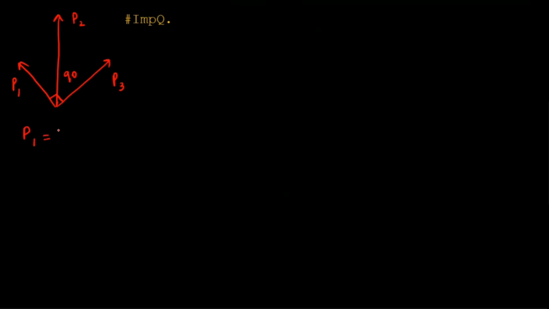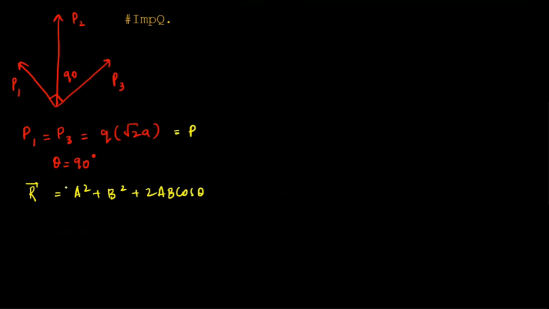P1 and P3 are equal. And how much are they? Q times root 2a. If you look at the angle between them, it is 90 degrees, so how can we find the resultant of the two vectors? Again, by using the same relation for the resultant. The resultant is given by the square root of a square plus b square plus 2ab cos theta. Let me just consider it as p only, to solve this equation in a simple way. So p square plus twice p square cos 90.